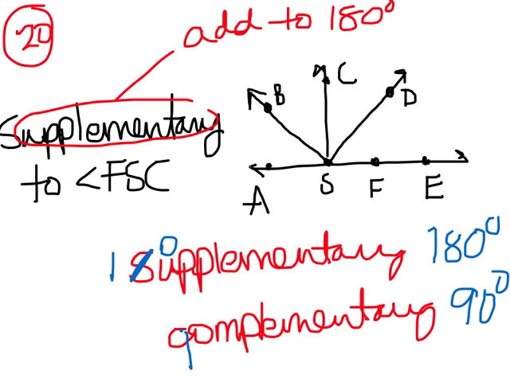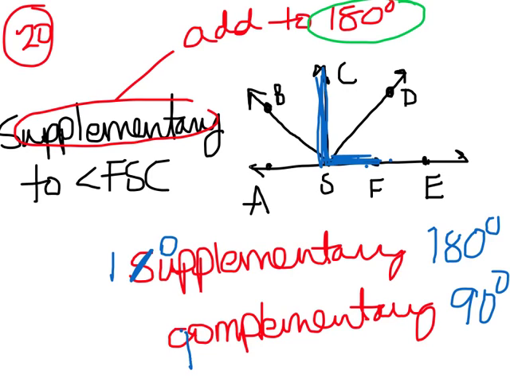They're asking us about FSC. So it's this, I'll try to outline it heavy. What is supplementary to that one? Well, it's actually related to the problem they asked before us, if you think about it. Let me pick a green here. If it adds up to 180 degrees, it's supplementary.